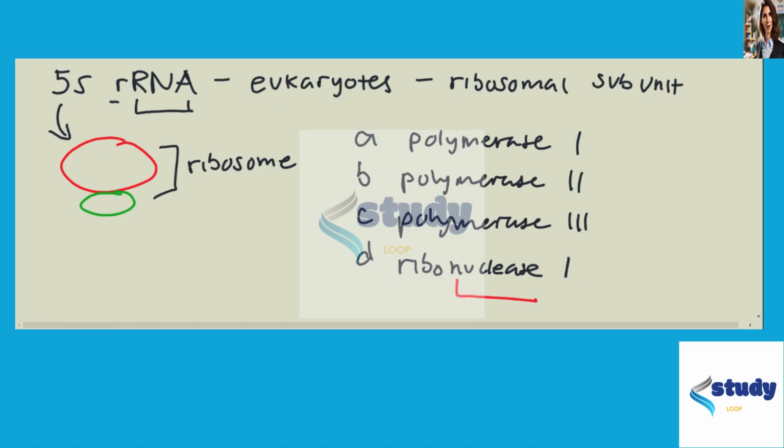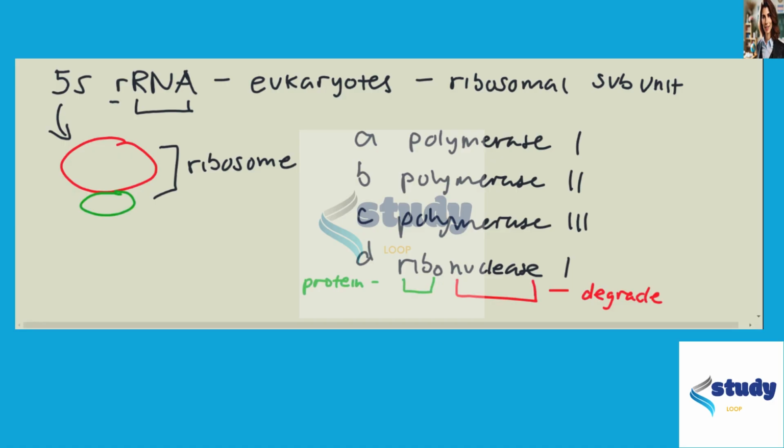Now notice how A, B, and C are polymerases, but ribonuclease is different. When you see nuclease, you have to think degrade. Okay? A nuclease, its sole purpose is an enzyme that is going to degrade the bonds between a nucleic acid or a protein. Now we see ribo here. Ribo refers to protein.